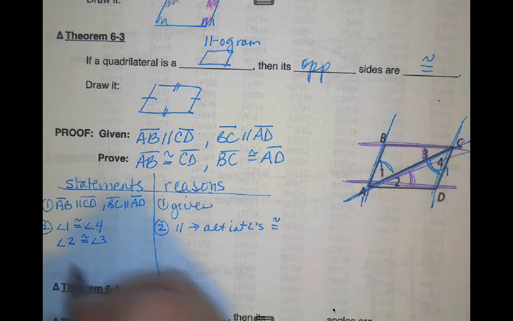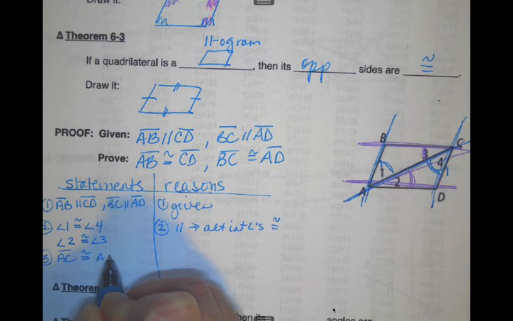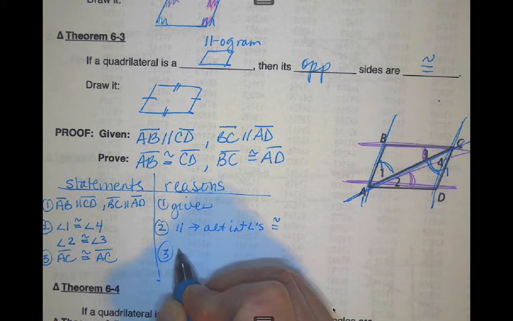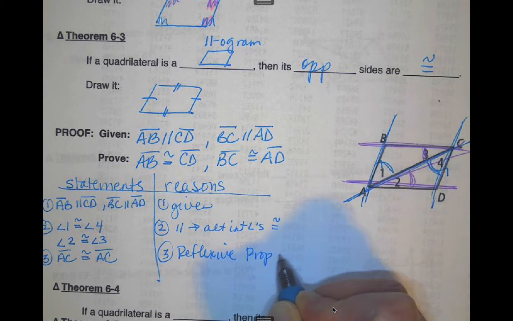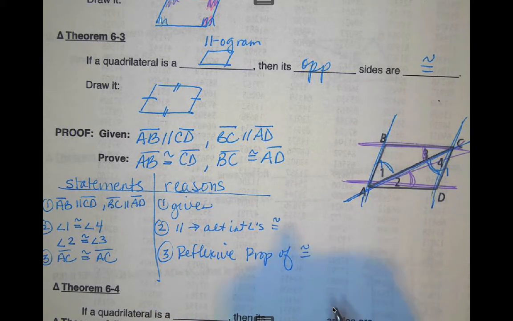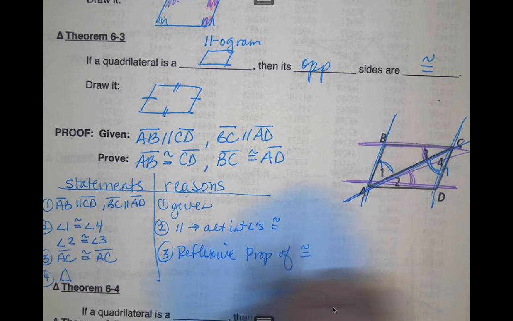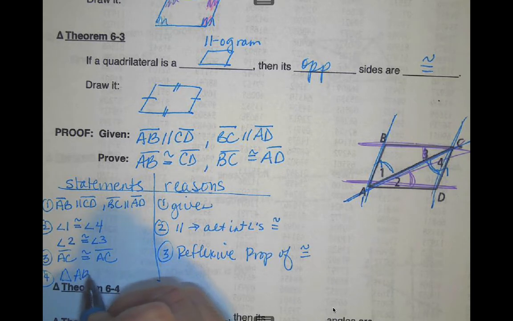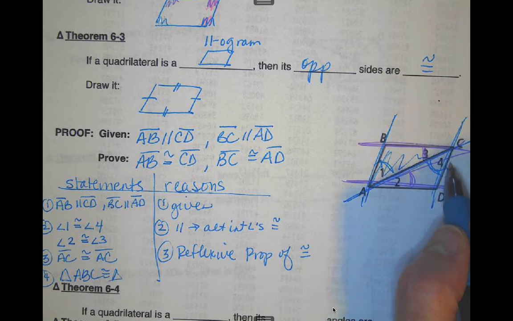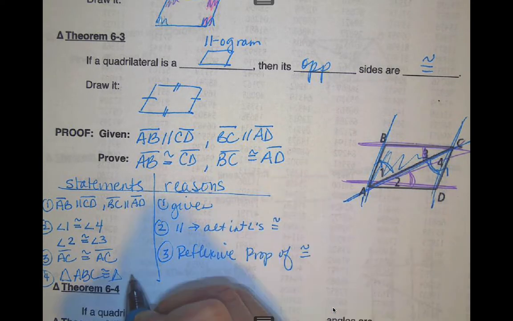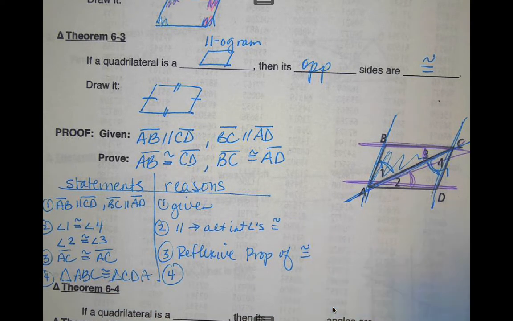Now if you notice here, I got AC is congruent to AC. That's the reflexive property of congruence. And then, voila, I know that triangle ABC, this one right here, is congruent to triangle CDA because of what reason would it be?